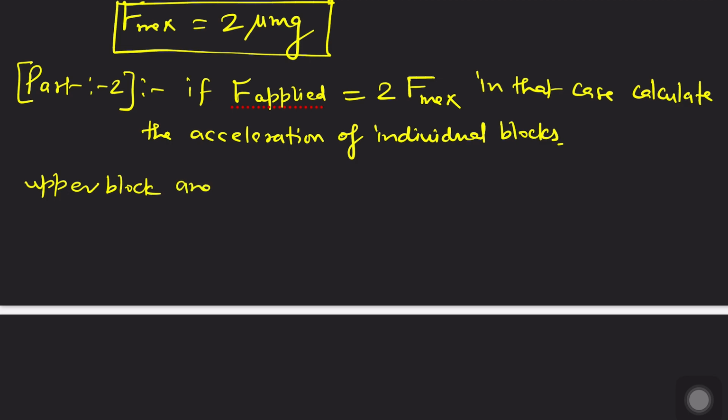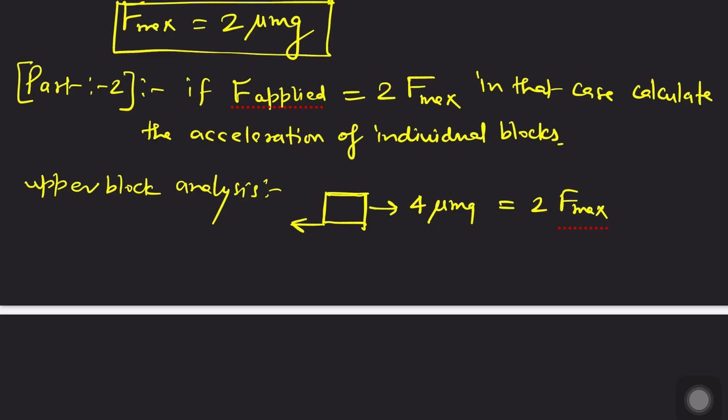If you see, for the upper block, the force that is going to act on this body is 4 mu mg, which is twice of F max. This side will be your friction, that is mu mg already, because now slipping has started. So this will of course be at its maximum, and this will be the tension.